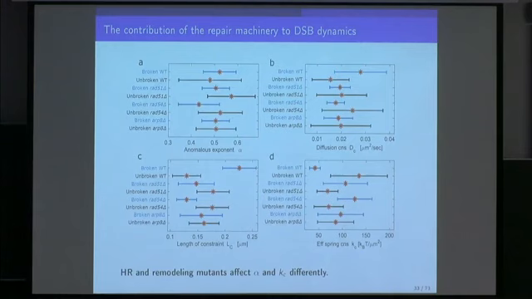Okay, so this is just a slide to give you an idea of what happens when you start to play with the system and induce mutants in the different repair proteins. So what is interesting is that we see that the respective effect on the different parameters, alpha, LC, KC, and diffusion coefficient, is not the same.